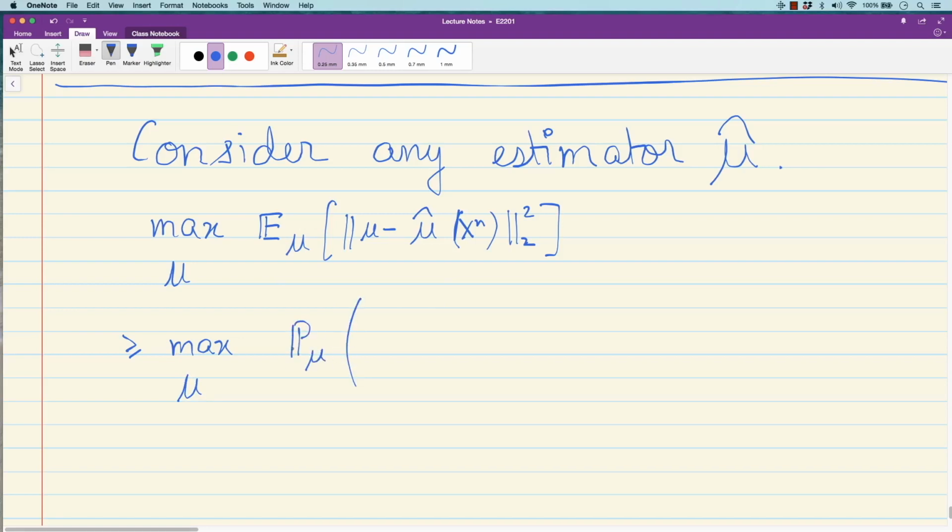This notation denotes that all the probabilities are computed with respect to the Gaussian distribution with mean mu and variance I. Samples are IID from that. So this is greater than the probability that this loss function here, this is our loss function that we're using, is greater than or equal to delta square, multiplied with delta square.